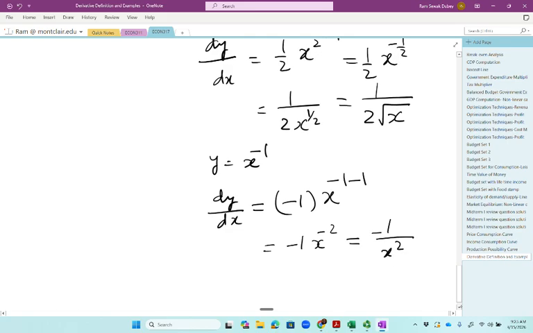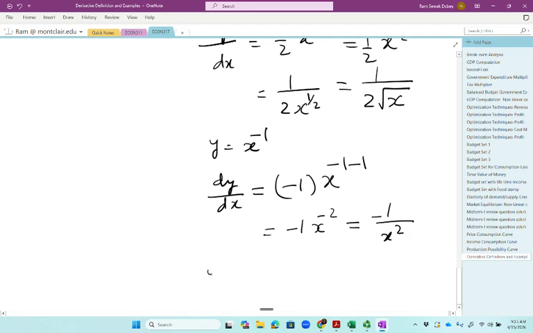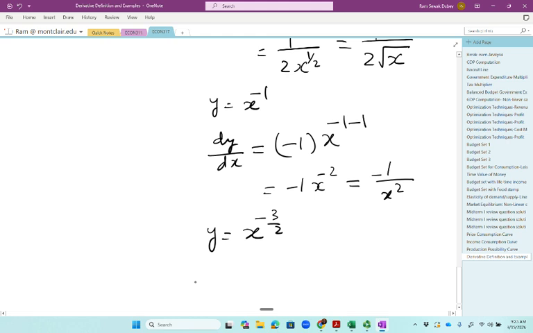Another example where I take a negative number, but this time a fraction. So let's have y equal to x to the power minus 3 over 2. This takes me to the derivative dy over dx becoming minus 3 half. So the exponent becomes the coefficient and I reduce the exponent by 1.